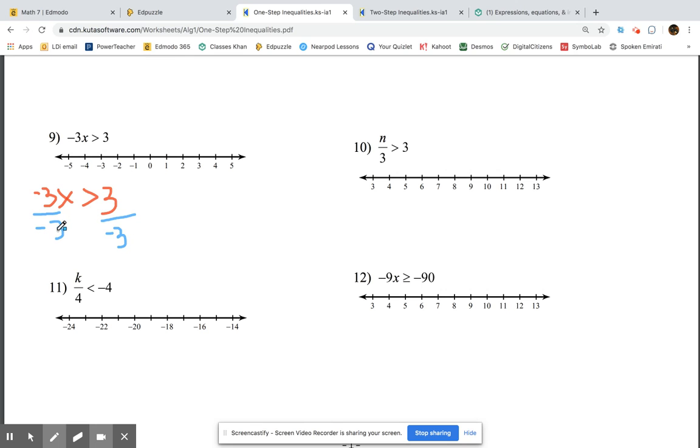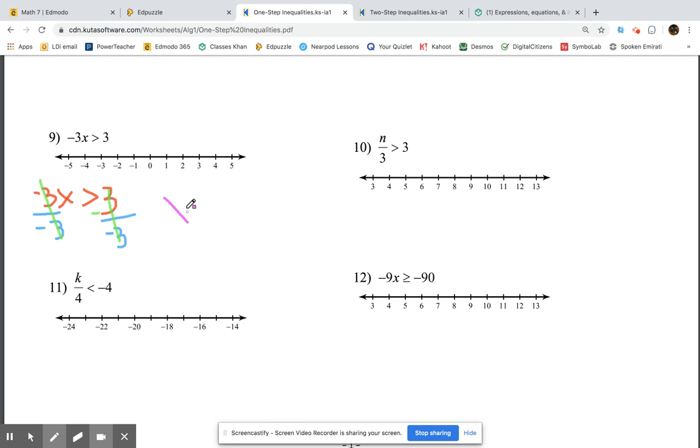Negative 3 divided by negative 3, anytime you divide a number by itself, it's 1. So we're going to cross that out, and we end up with just 1x. Positive 3 divided by negative 3 is negative 1. So let's go ahead and rewrite that over here.